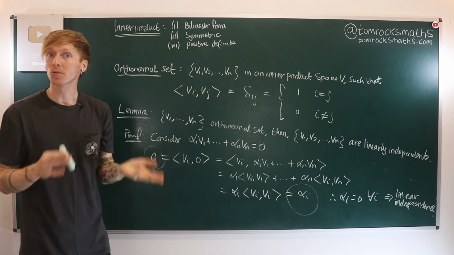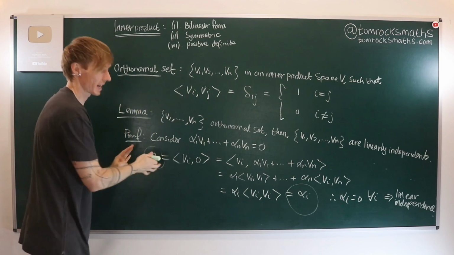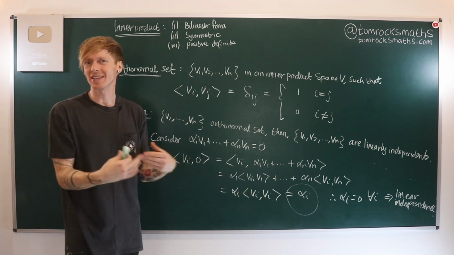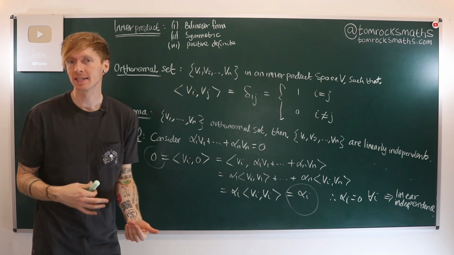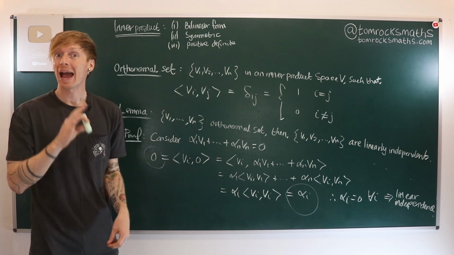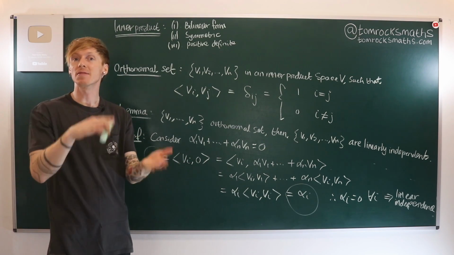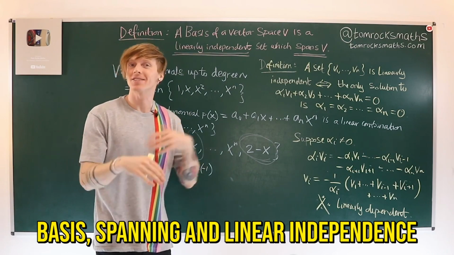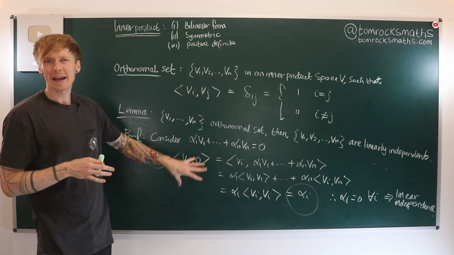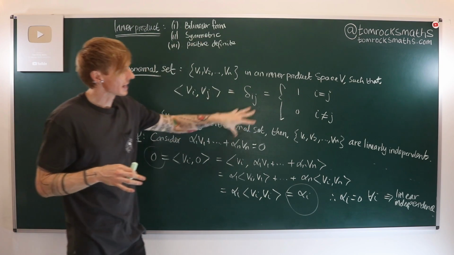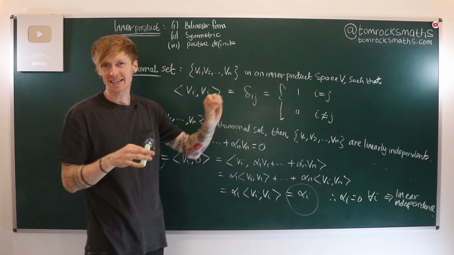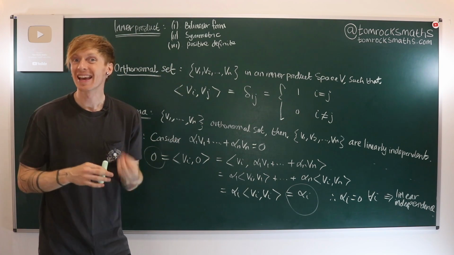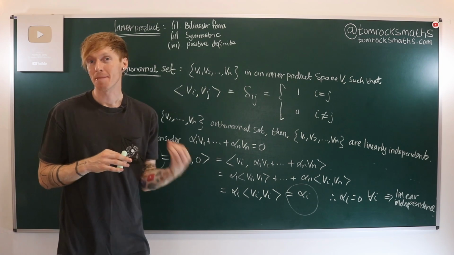So anytime we have an orthonormal set, this lemma has allowed us to show it will always be linearly independent. So the only thing that's missing from it being a basis is for it to be spanning. However, we've seen before in the video on linear independence, spanning, and basis previously in this series, that if we have a linearly independent set which has the same dimension as the entire vector space, then it is indeed a basis.